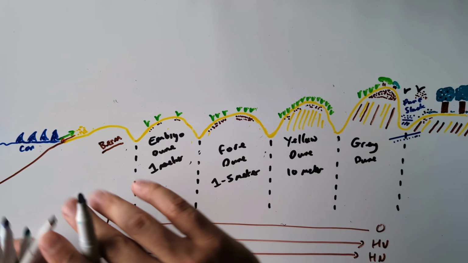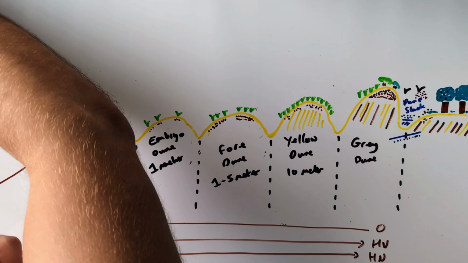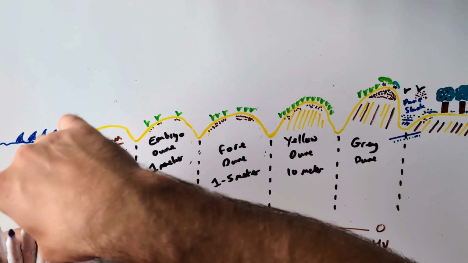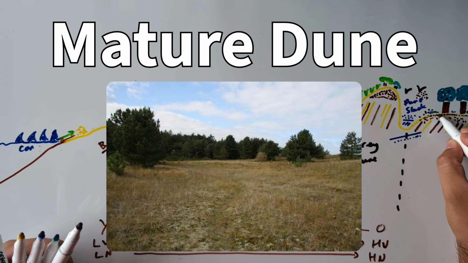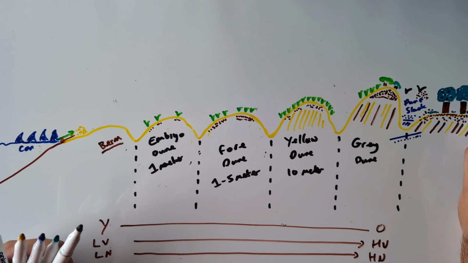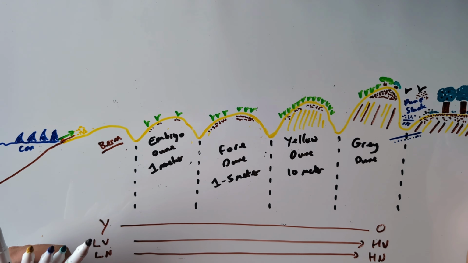And then the last one is the mature dune. The ground is very rich and fertile here. It's started to become almost brown in color. You can feel like, yes, I'm technically still on a dune, but this is really more land.